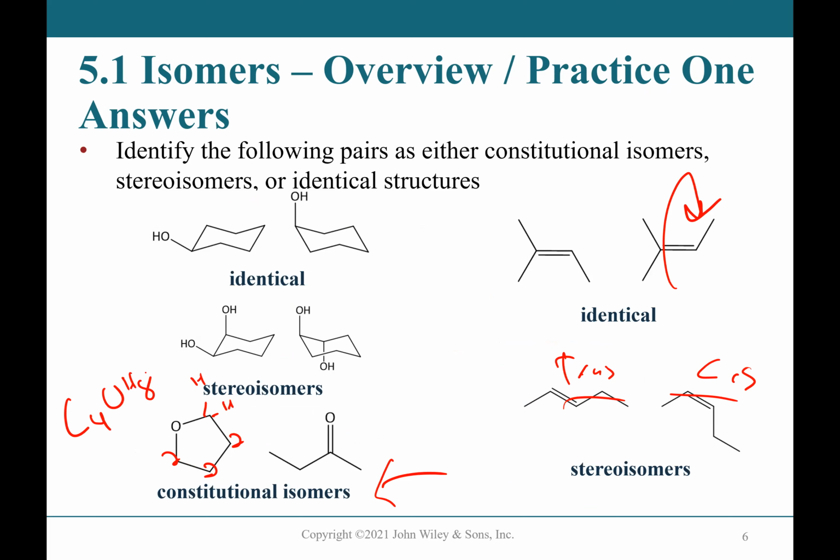C4OH8. Here, let's see what this one has. 4 carbons, 1 oxygen. We have 3, 6, 8 hydrogens. You have 3 here, 2 here. Again, you have 3 here. So that fits the definition of the constitutional isomer.